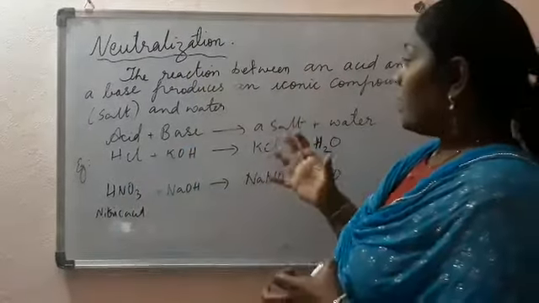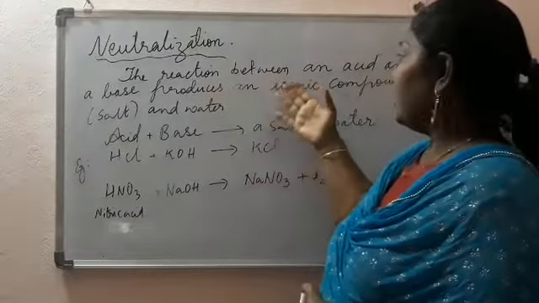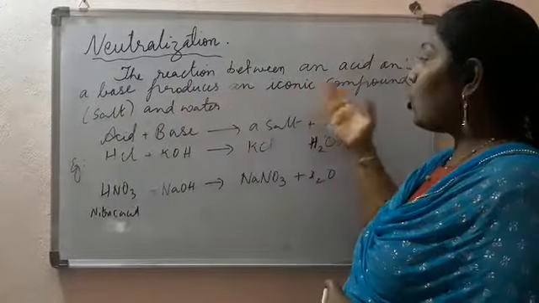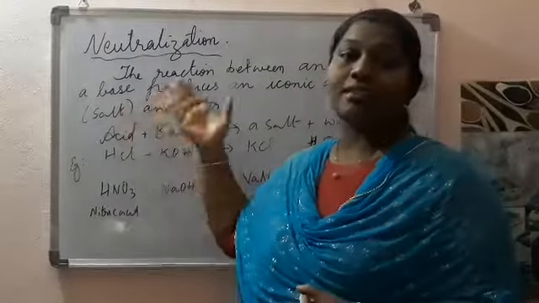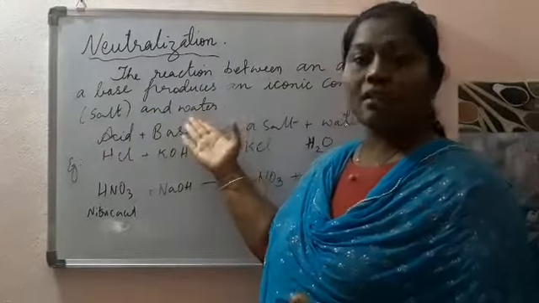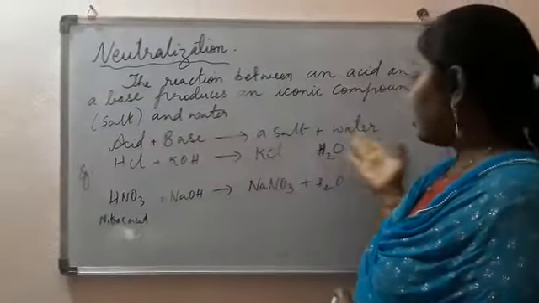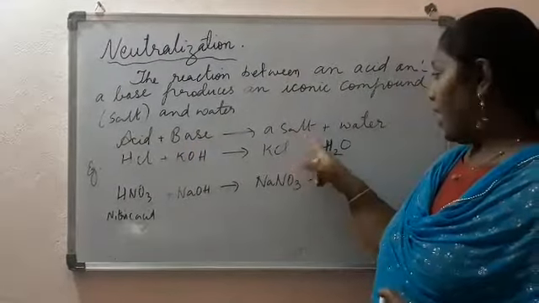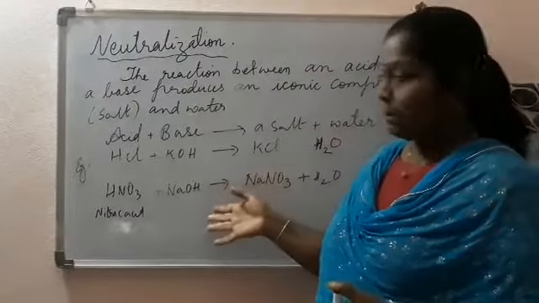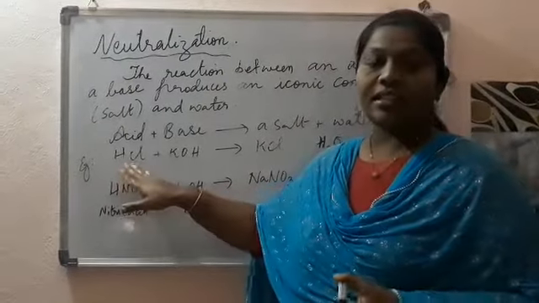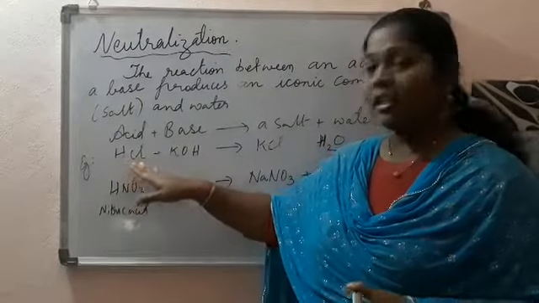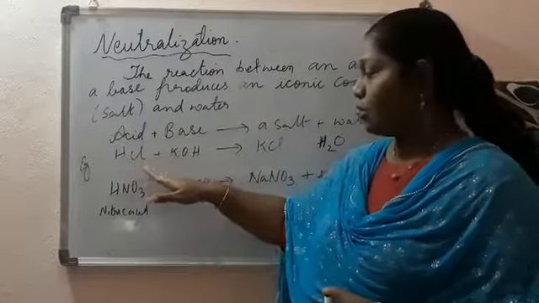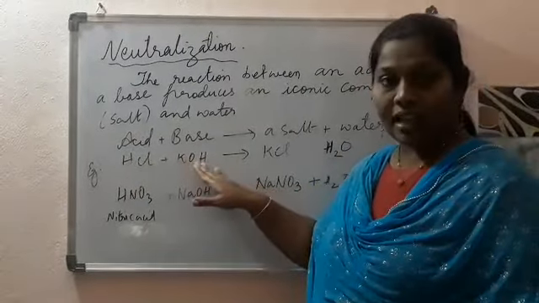Okay children. Okay, now we'll see the reaction between an acid and a base produces an ionic compound which is also called as salt, and the other compound which is formed is water. See the reaction here. An acid reacting with a base gives rise to a salt and water. We will see few examples here. First, I have taken HCl solution, hydrochloric solution. It is an acid. Okay, I have reacted this hydrochloric solution with potassium hydroxide.